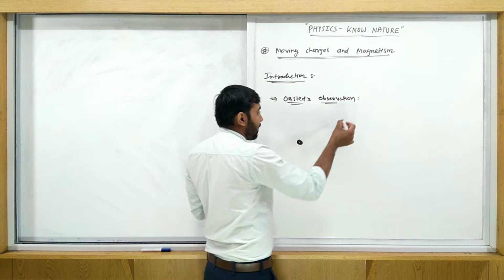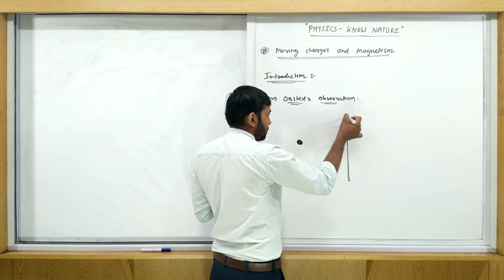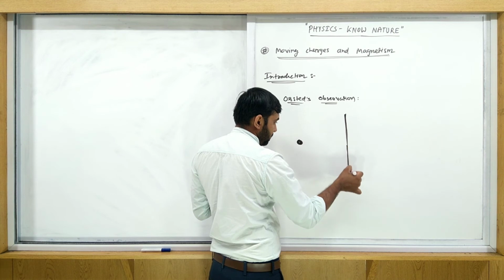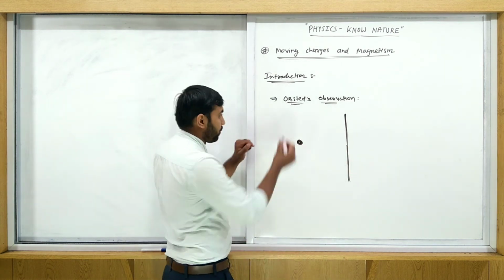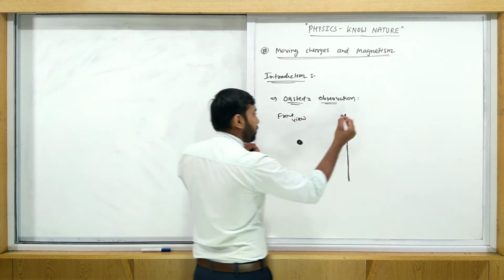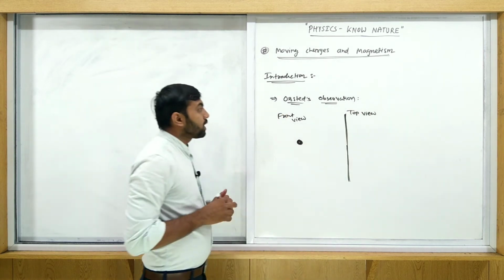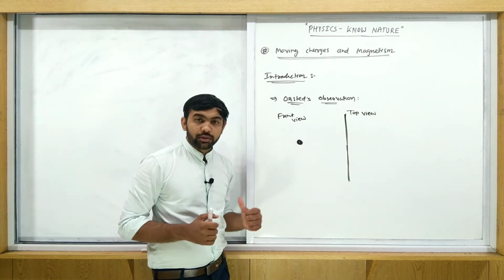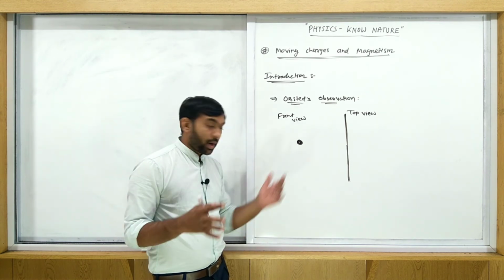So consider it is a wire. This is the front view and that is the top view. When Oersted performed this experiment, some electric current was passed through this wire.